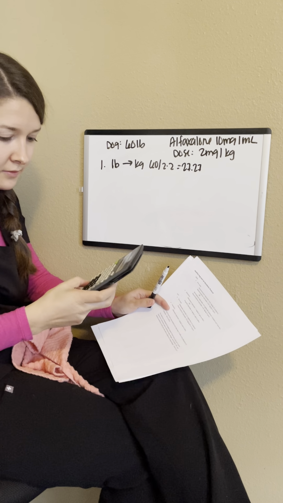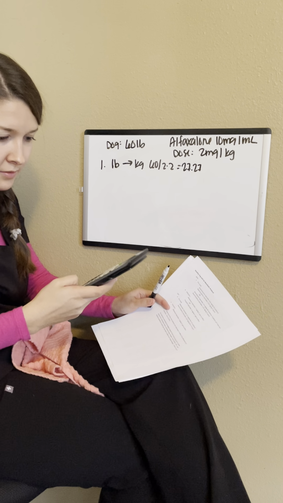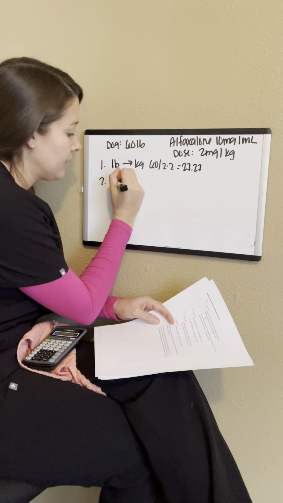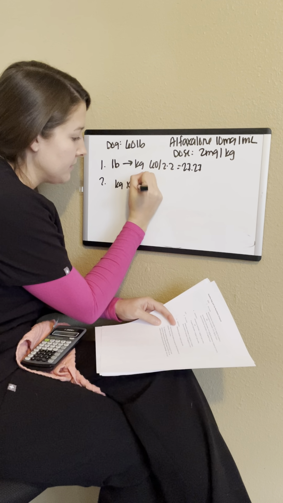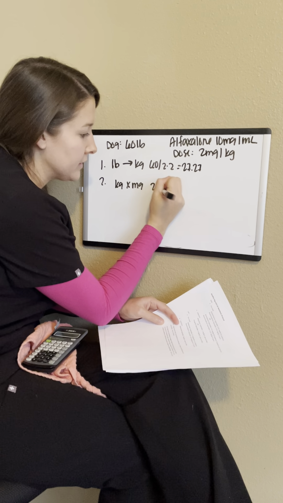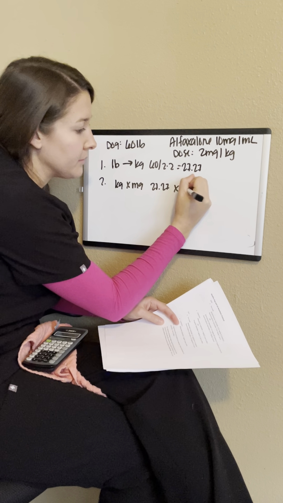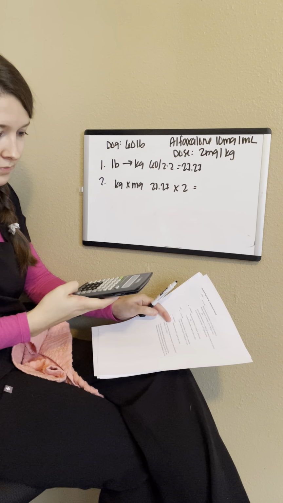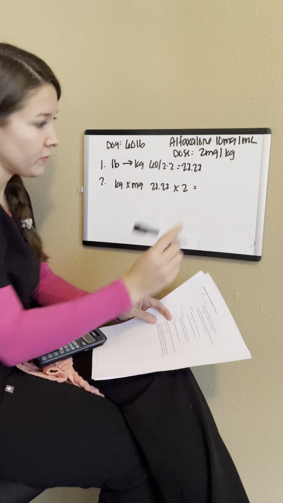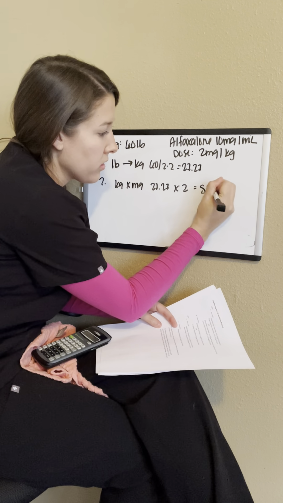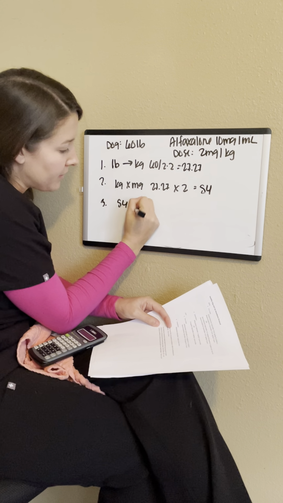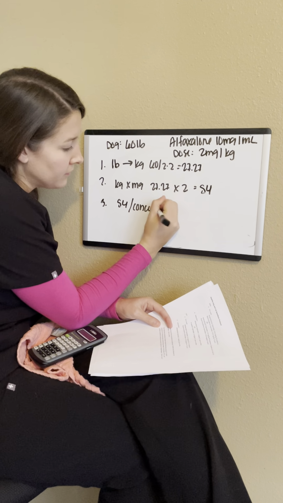All right. Okay, and then second one is kgs times mgs, so 27.27 times 2 is 54. And then your third is going to be 54 divided by the concentration.